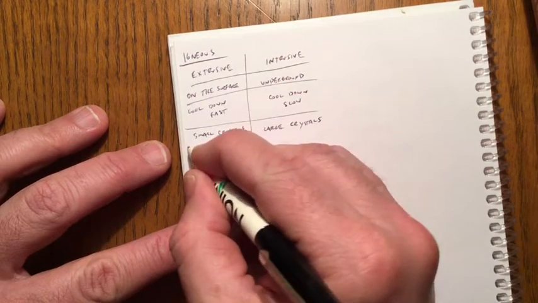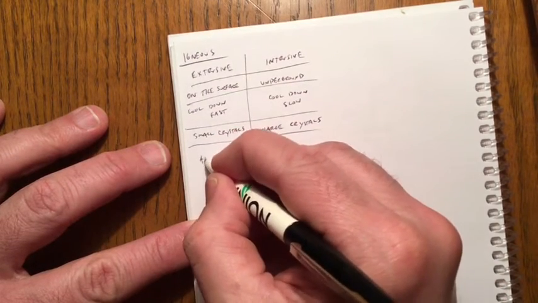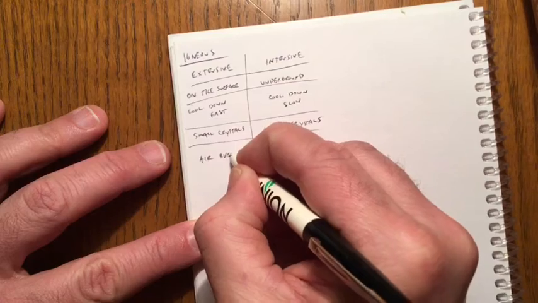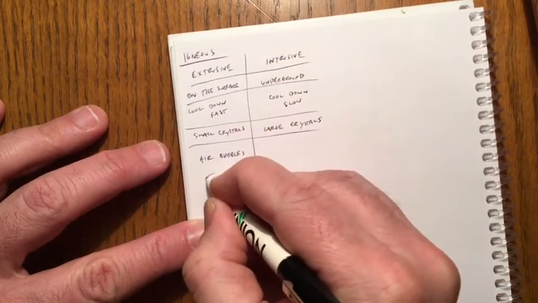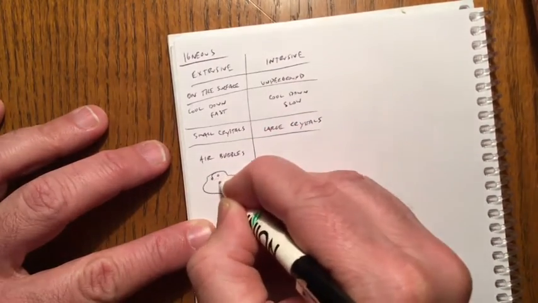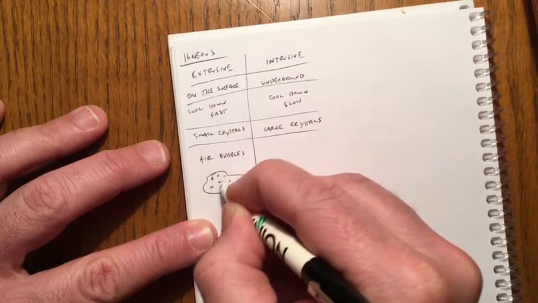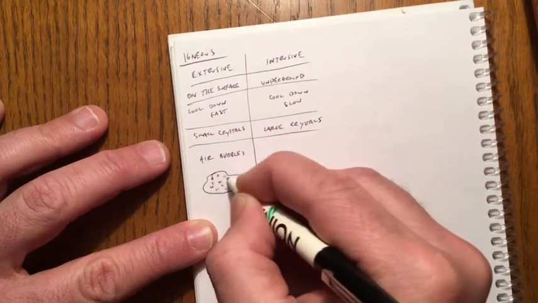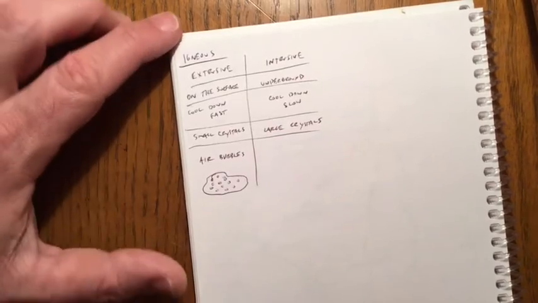Sometimes too, an extrusive rock will have air bubbles, and an intrusive rock will never have air bubbles. So if you see a rock with a bunch of air bubbles in it, that's an extrusive igneous rock, like basalt.